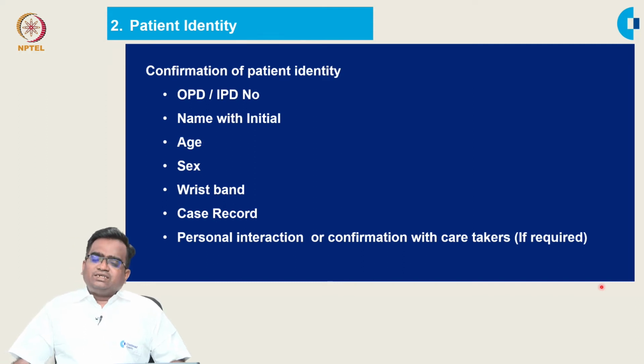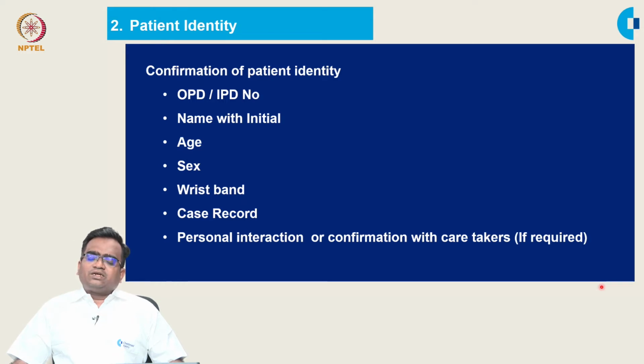Next, patient identity. The healthcare provider must confirm the patient identity before recording the ECG. How to confirm the patient identity? Patient identity can be confirmed by checking the OPD or IPD number. Next, the healthcare provider has to check the name with initial, because sometimes two persons may have the same name, hence always check the name with initial.